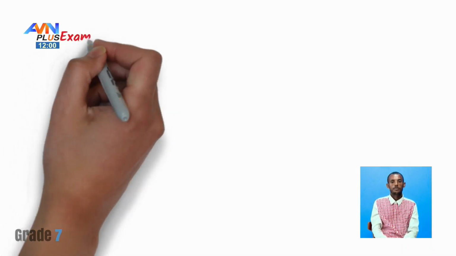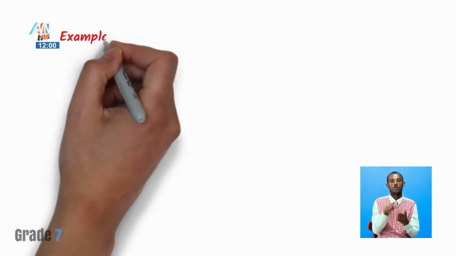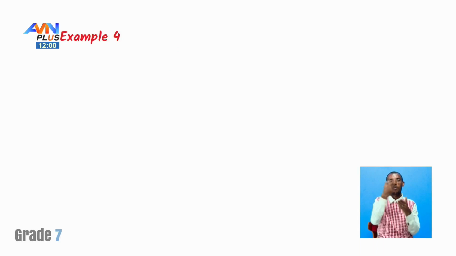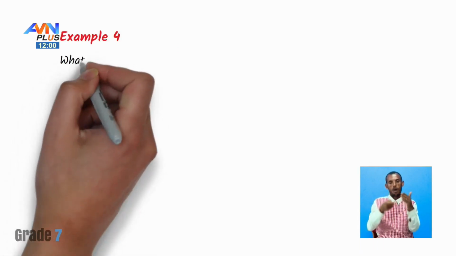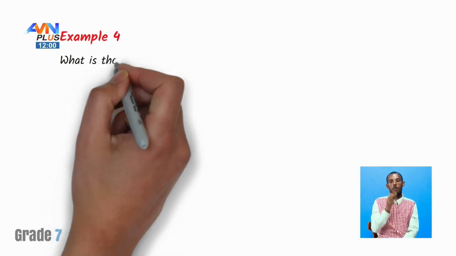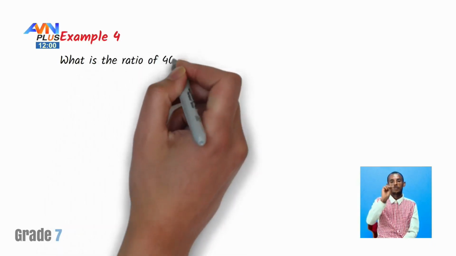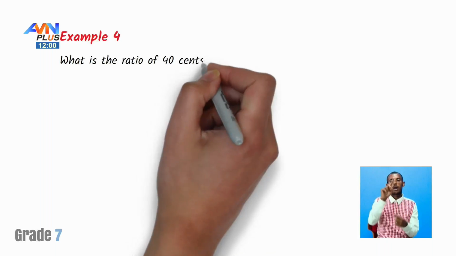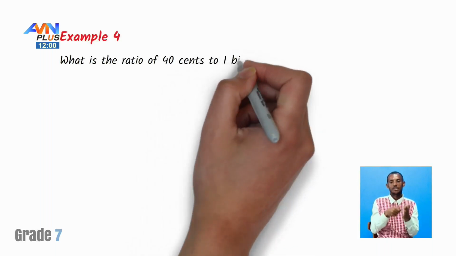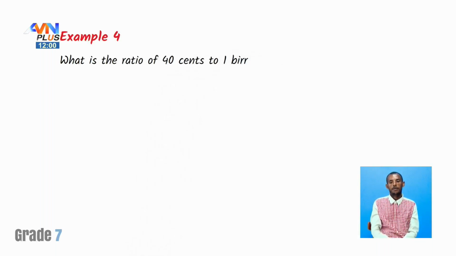This is for you. Example 4. Okay, what is the ratio of 40 cents to 1 bird? What's the ratio of these two? Please try this question. I'll give you 30 seconds for this.